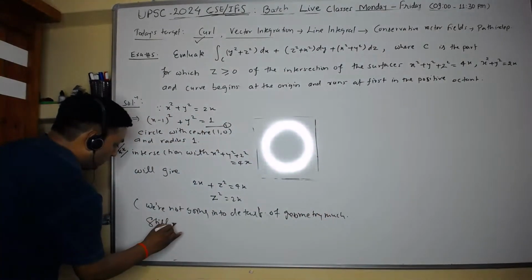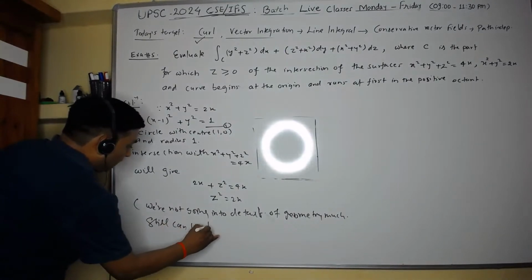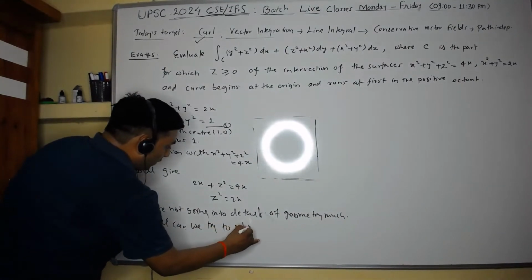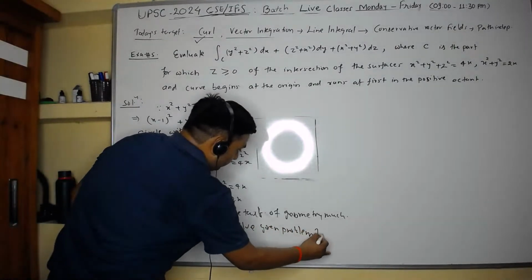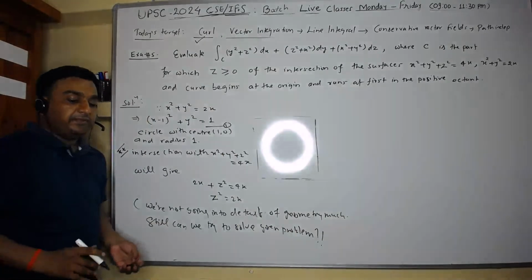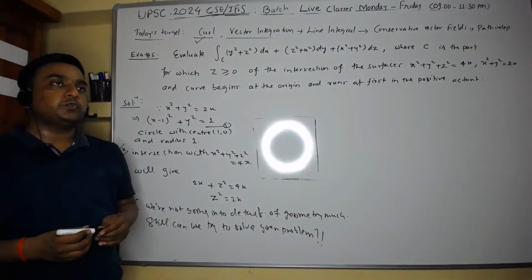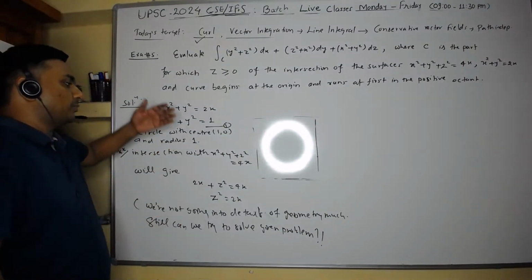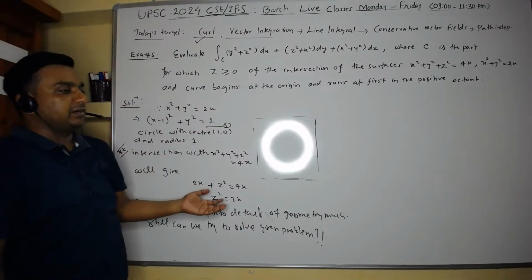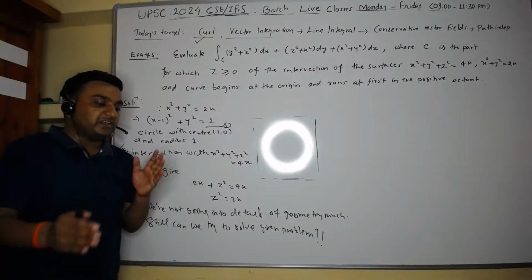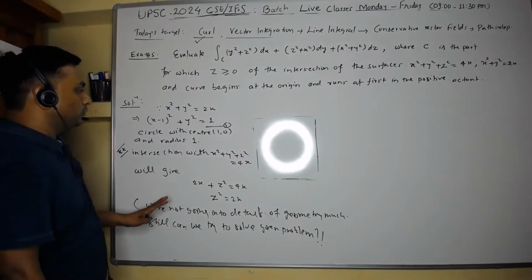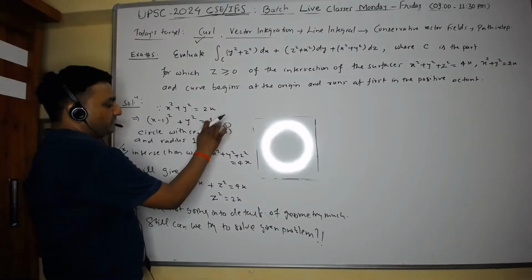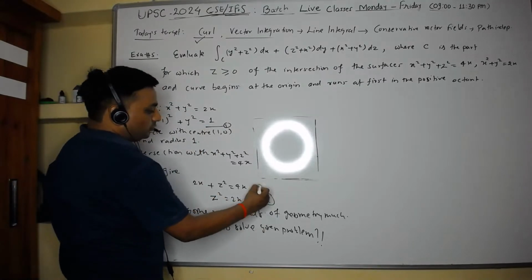Still, can we try to solve the given problem? ठीक है. I am telling you the ways which I used to think as a student. Sometimes suppose that you are not very good at 3D figures, तो वहां पर उनको visualize करना may become a tedious process. So in that case, what I used to do, okay, fair. I have this equation and let's say this is 2.